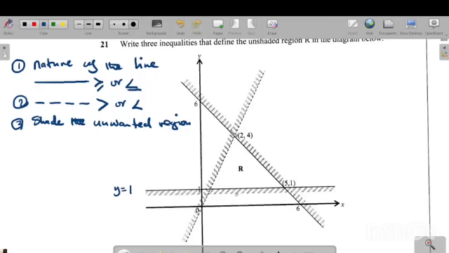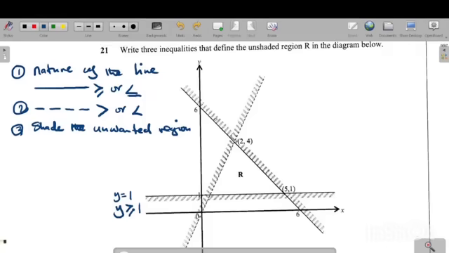The other question you're supposed to ask yourself is which one is the unwanted region, or which one is the shaded region? The shaded region is the lower part here, which is the unwanted region, meaning the greater part here is the wanted region, and we're going to write the inequality based on the wanted region, the greater part. So this equation is going to have the inequality y is greater or equal to 1. Hope that's very clear.